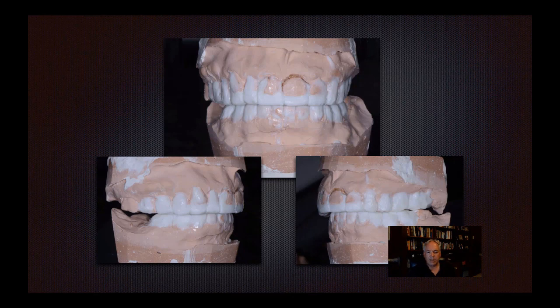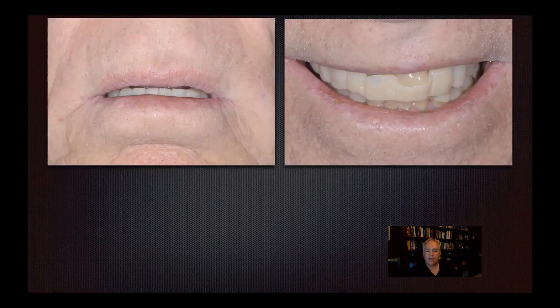We made a matrix of this and brought it into his mouth. This is by no means a temporary, just an overlay so I can make sure it feels comfortable to him and that he can speak properly. Speaking, especially the S sounds, is one of the things that can really tell us whether our vertical is too far open. And he tolerated this pretty well.